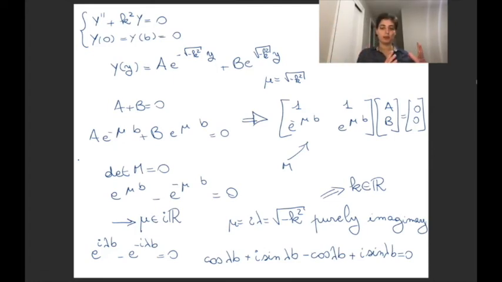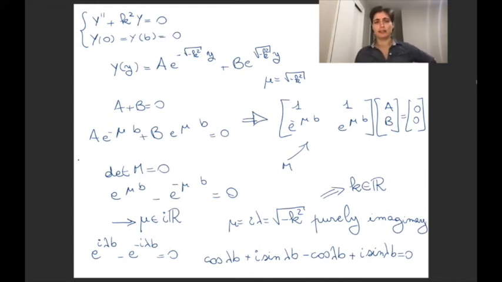As we do for Sturm-Liouville problems, we rewrite these two equations into matrix form. So we have a matrix that is 1, 1, and the two exponentials at the bottom, multiplied by the vector of capital A and capital B, and we want that to be equal to 0.